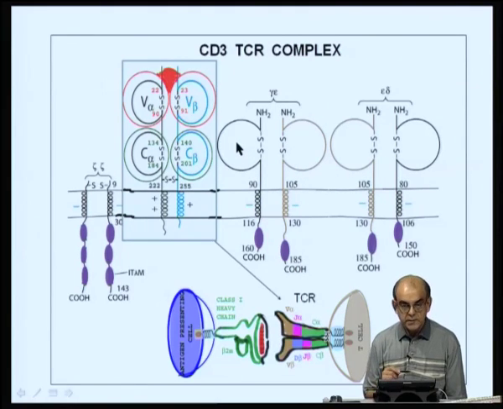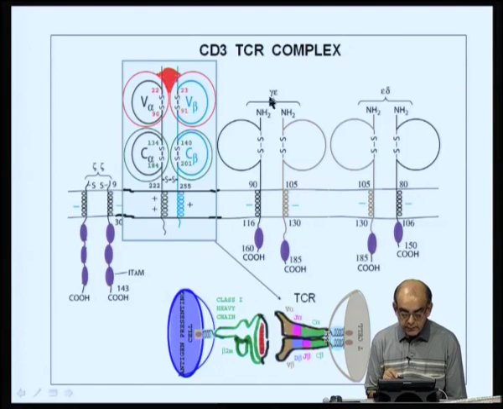All of them have disulfide bonds, therefore belonging to the immunoglobulin superfamily. The amino terminal is outside the cell surface and the carboxy terminal is within the cell surface, just like in the case of immunoglobulin molecules. And this epsilon subunit always pairs with either the gamma or the delta.